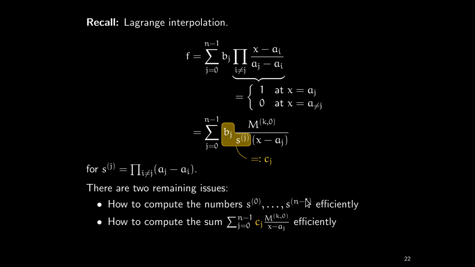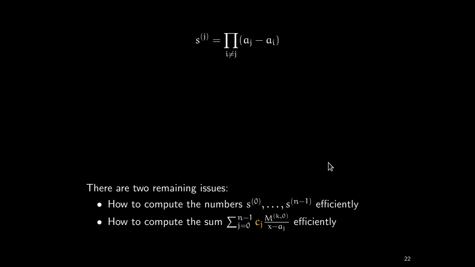Okay, so let's see how we can do this. First talk about the s's. This is the product that defines them, and now you need an idea how to get hold of these s's. And here's the idea.